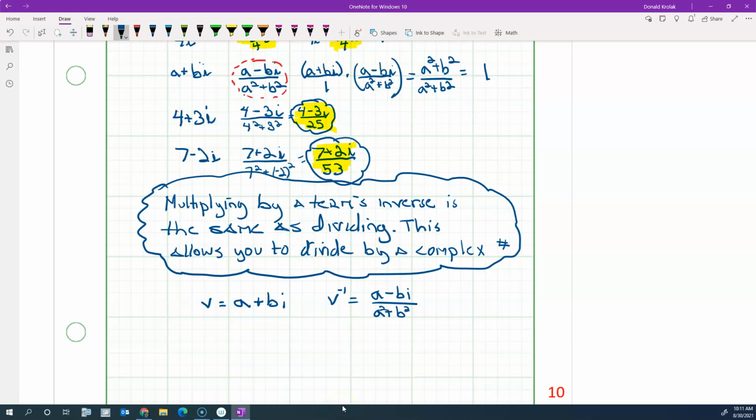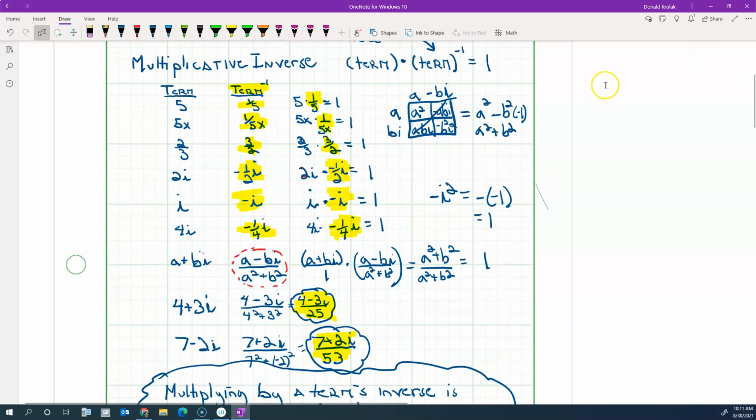That's your multiplicative inverse. Okay? Any questions up to this? It's pretty straightforward because we did all the legwork the other day.